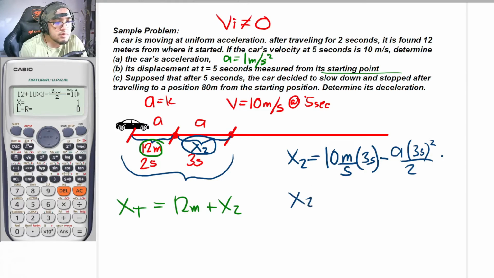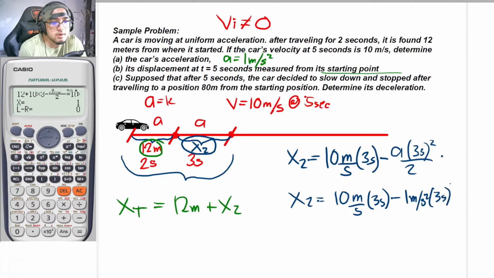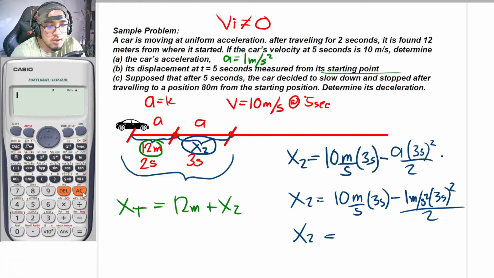So x sub 2 is equal to 10 meters per second times 3 seconds minus a, and since we have already solved for a as 1, 1 meters per second squared times 3 seconds in quantity squared divided by 2. Looking at the calculator, 10 times 3 minus 1 times 3 squared divided by 2, our answer here is 25.5.